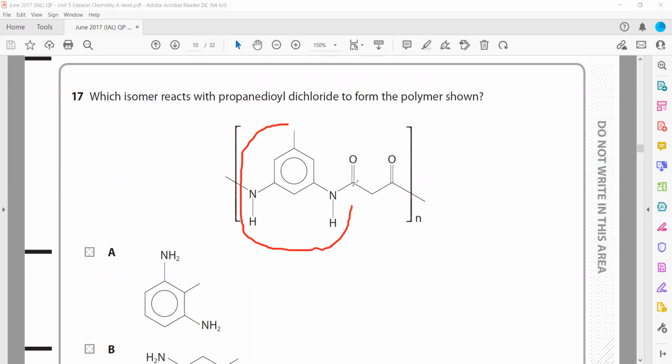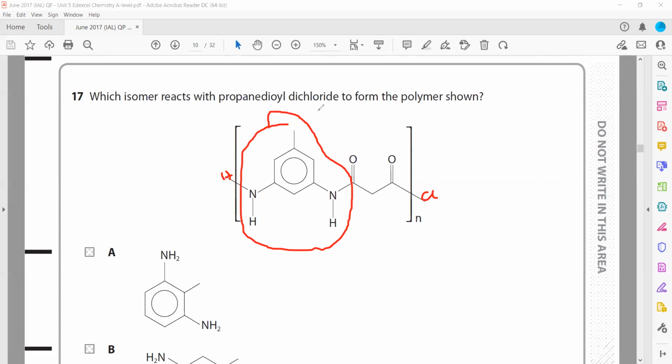As I mentioned last time, when we have a condensation polymer, one side will have H and the other side will have OH, or one side H and the other side Cl. So H and OH will be there, or if chloride is there, one side H will be there and one side Cl. So we have to work out the structure of this compound.